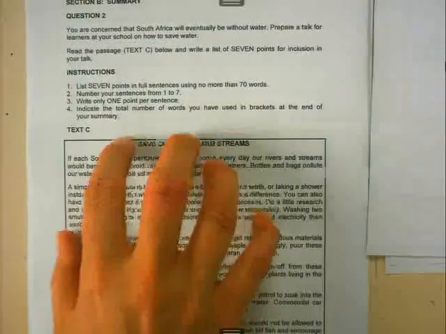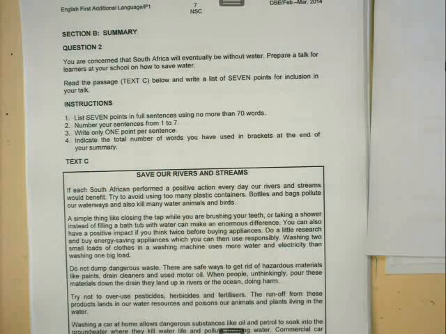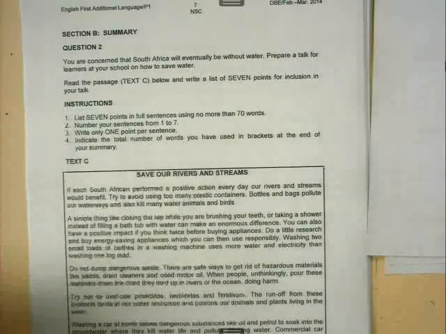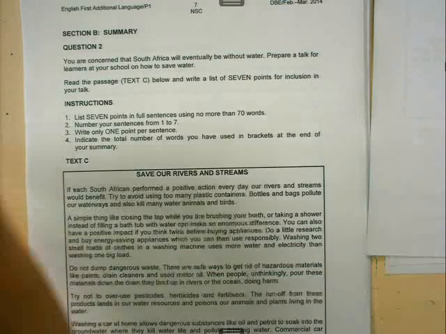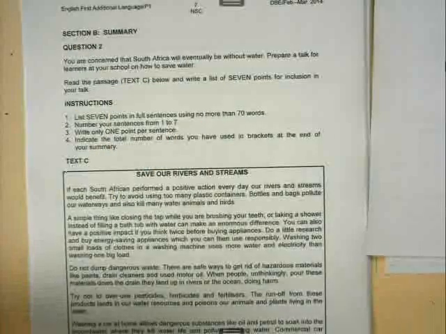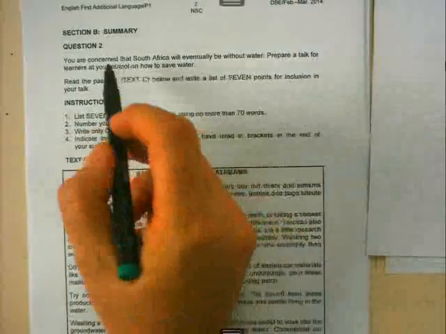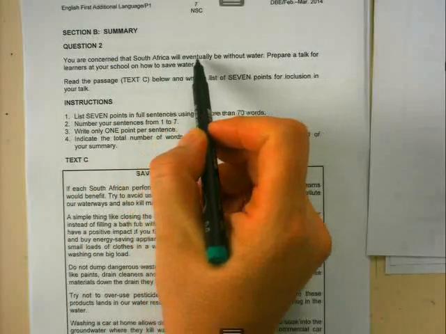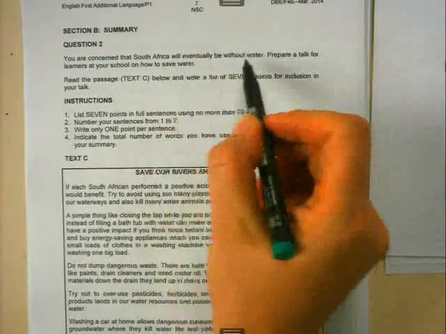The second thing you have to remember about the summary is that you have to read your instruction question very carefully. Because in that instruction, they give you a clue as to what facts you have to identify, what facts you have to be on the lookout for. To use this as an example, they say you are concerned that South Africa will eventually be without water.